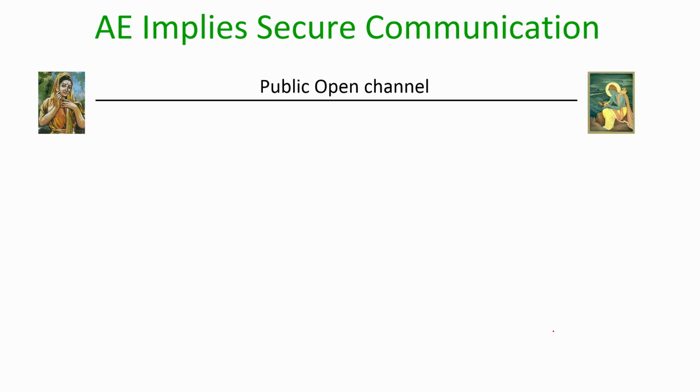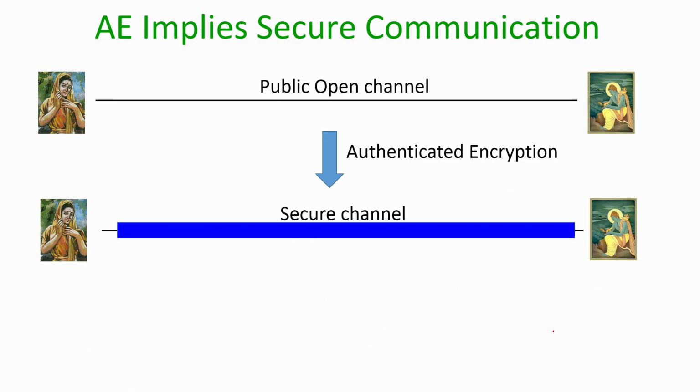So, now let us see what exactly are the consequences of an authenticated encryption scheme. Remember, our goal is to convert a public open channel between a sender and a receiver into a virtual secure channel, and authenticated encryption exactly achieves that. Namely, if the sender encrypts her plaintext using an authenticated encryption scheme, then it gives her the effect as if she is talking to the receiver over a virtual secure channel.